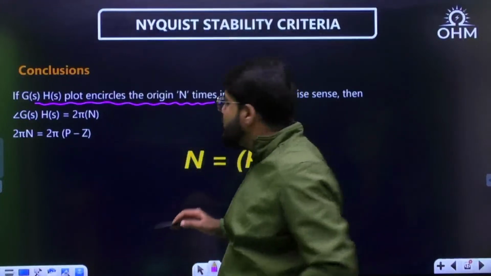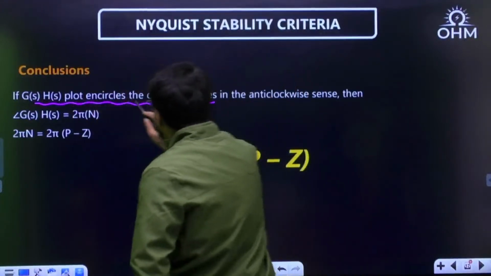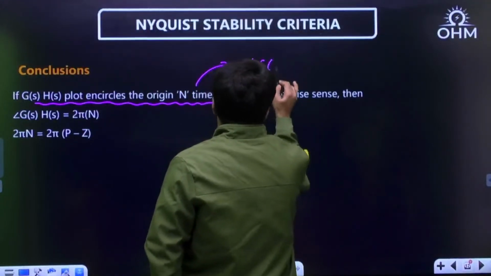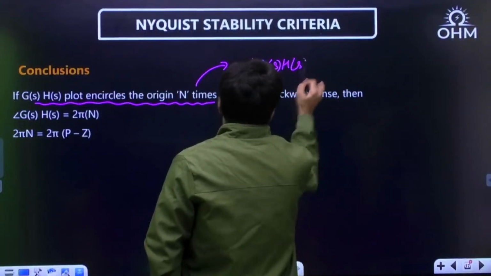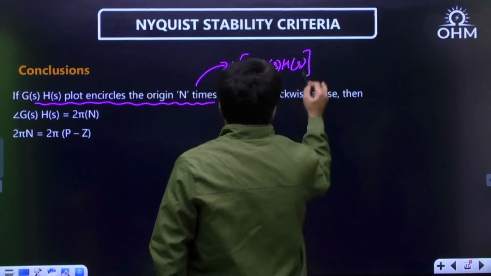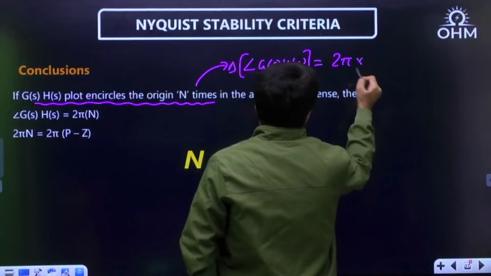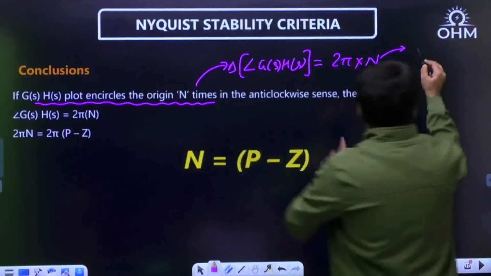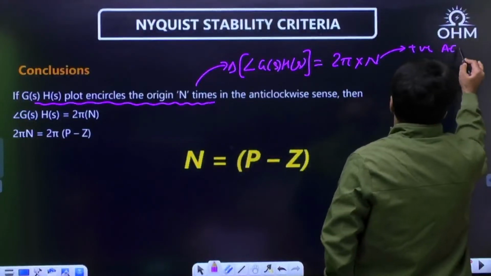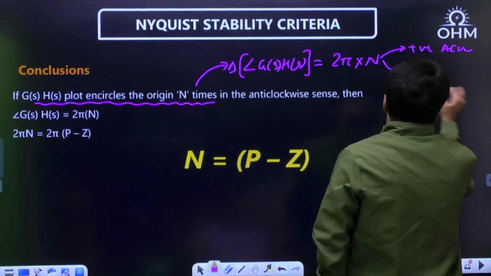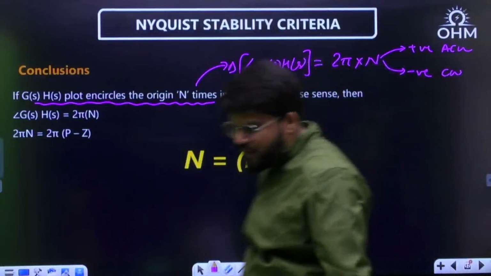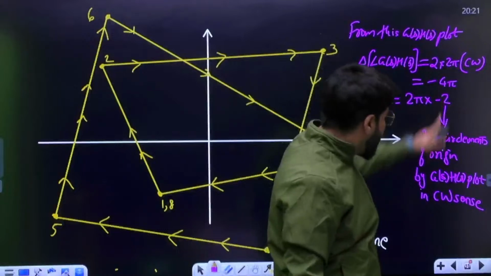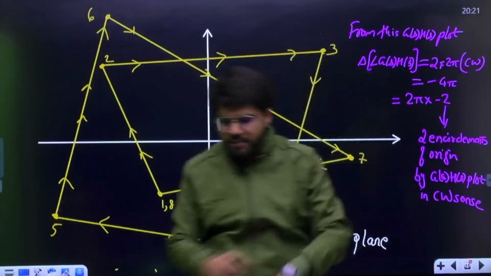If clockwise, it will become negative. So what is the change in the angle of GSHS then? The change in angle of GSHS will be 2 pi into n, where n is plus only if you take anti-clockwise. n can be minus also if you take clockwise encirclement. Like in the previous examples, it is 2 pi into minus 2. Why minus 2? Because of two clockwise encirclements.